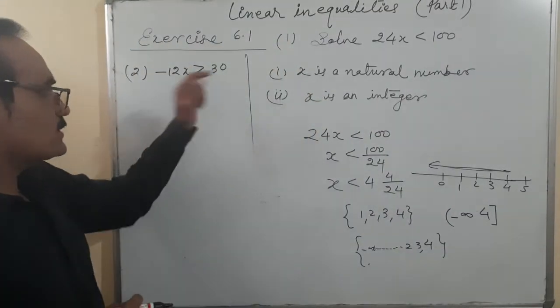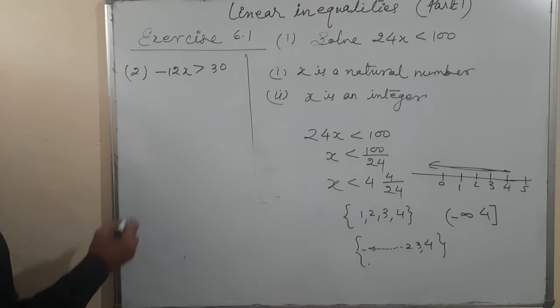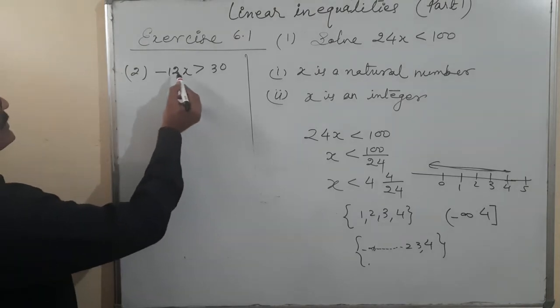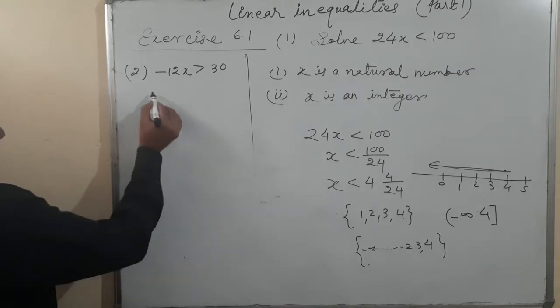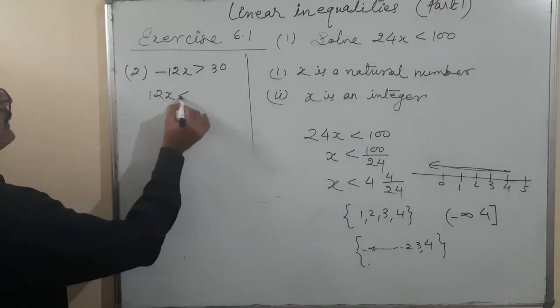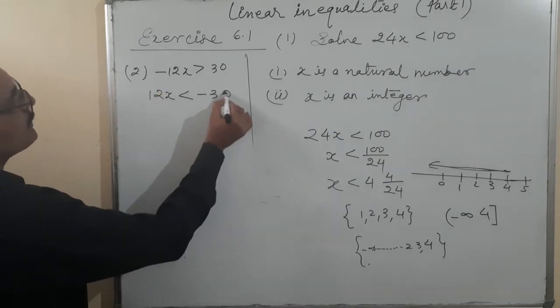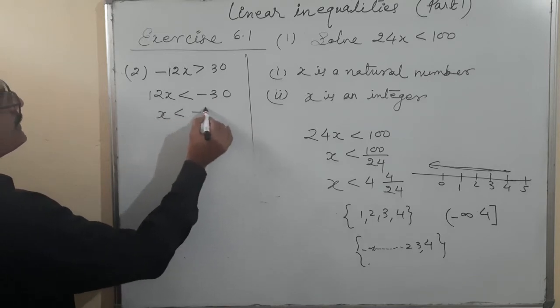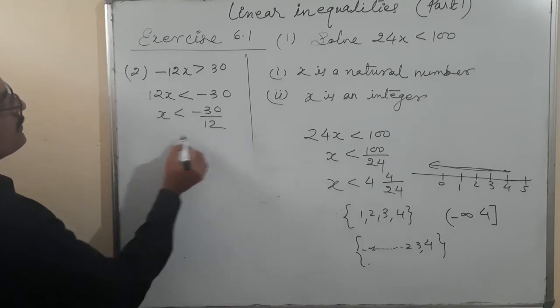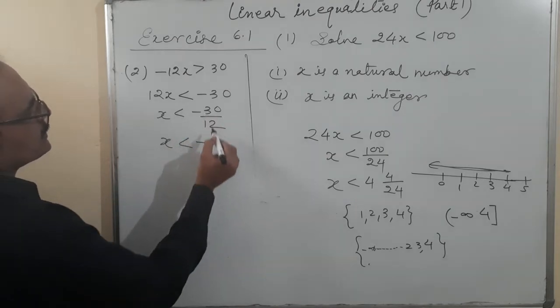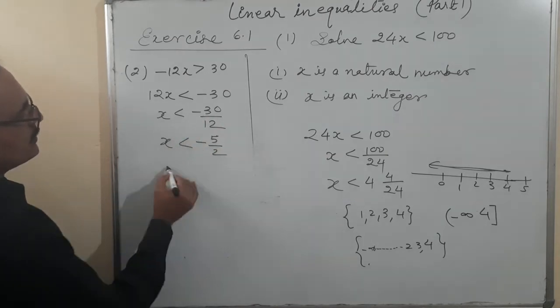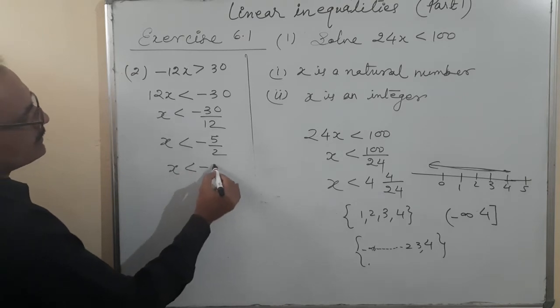So minus 12x is greater than 30. We want to free this x from the minus sign, so multiply by minus 1. So I can write here 12x is less than minus 30. x is less than minus 30 upon 12. x is less than minus 5 upon 2, so x is less than minus 2.5.